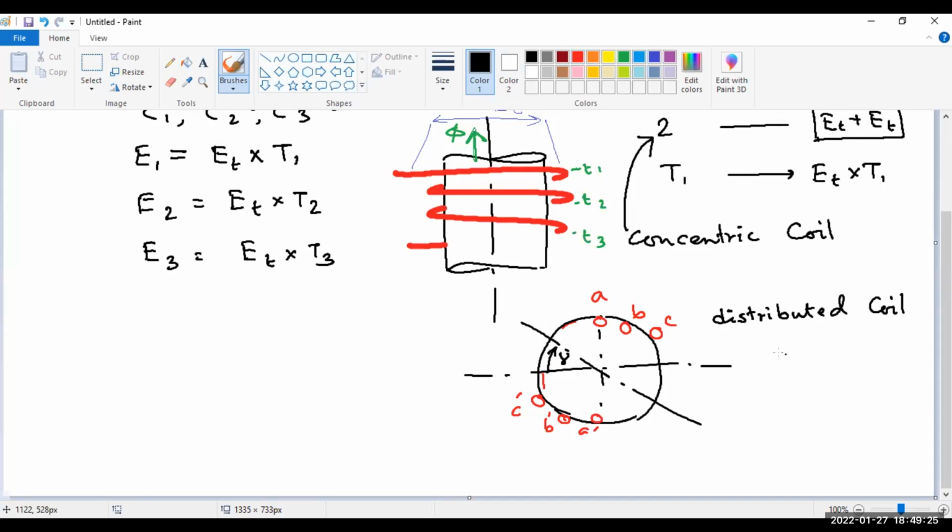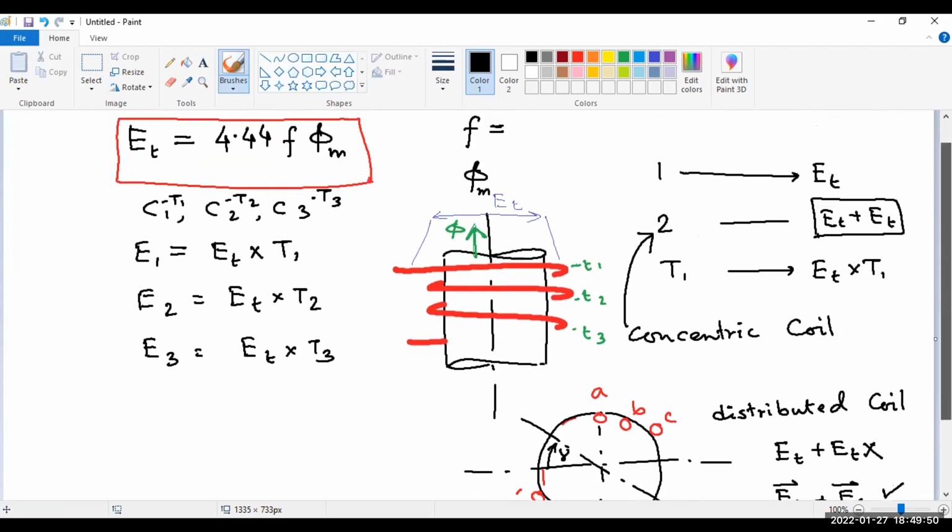In the case of a distributed coil, we can't add their individual contributions like this. What we have to do is add them vectorially. So in the case of a transformer, it is possible because all the coils are concentric coils.